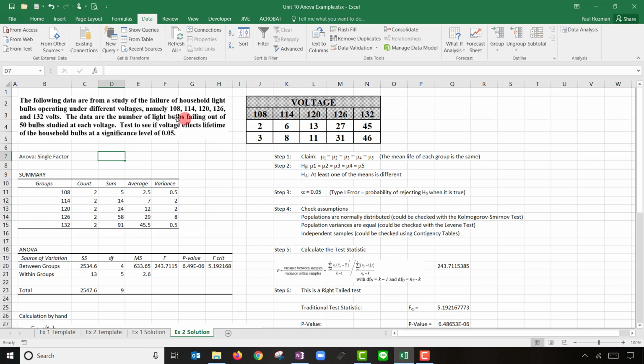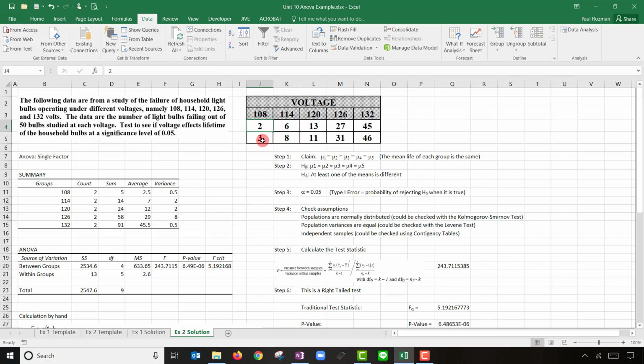is this the time to failure? Or is it the number? It's the number. I see. This number 2 here is 2 out of the 50 bulbs that we tested failed when we ran them at 108 volts. Then we grabbed another 50 bulbs, and the next time 3 failed.